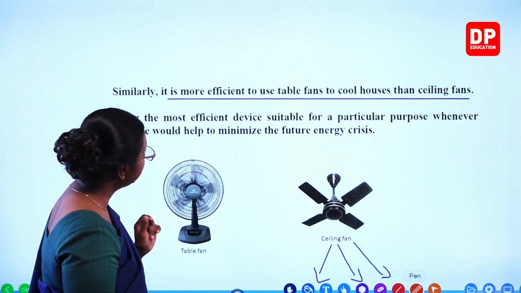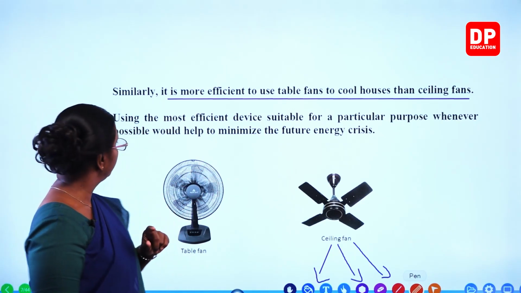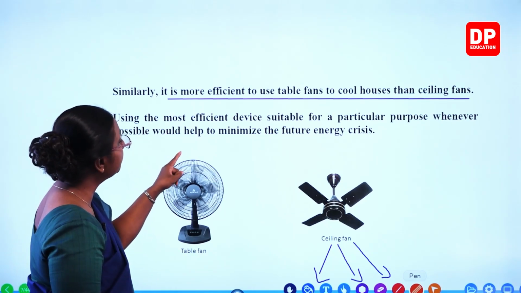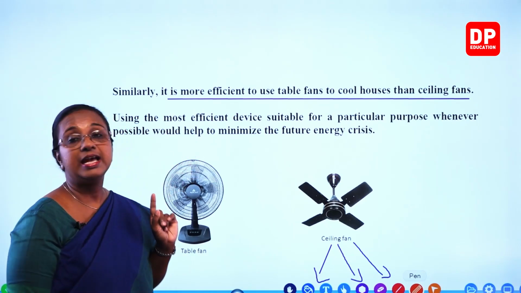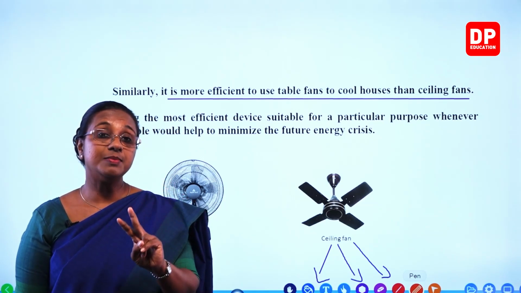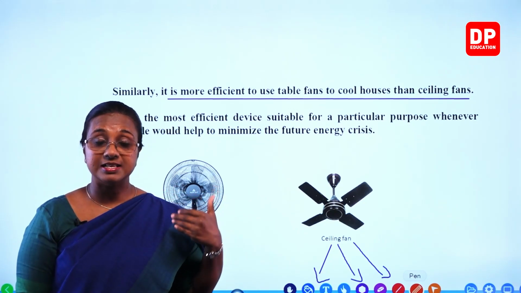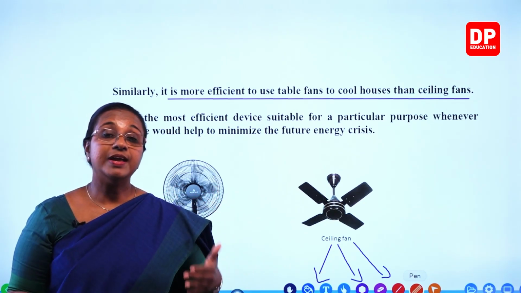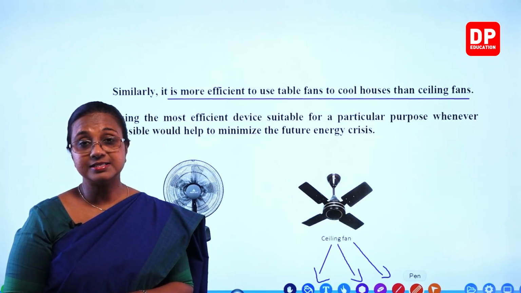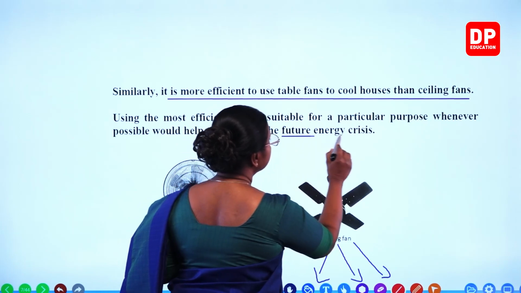Using the most efficient device suitable for a particular purpose whenever possible would help to minimize the future energy crisis. Like I told you all, two main purposes can be satisfied. One, it is efficient for us, the household user, when it comes to electricity consumption, and also it reduces the future energy crisis.